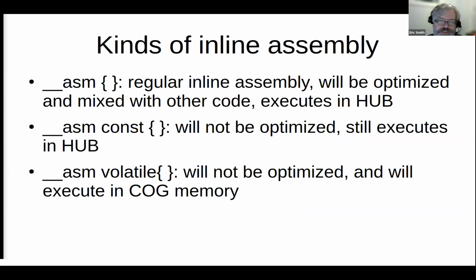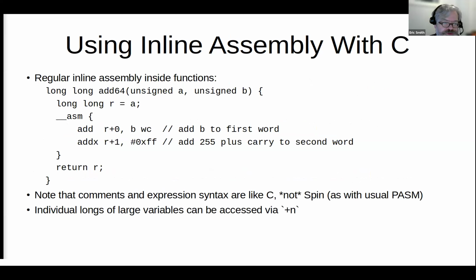And there's actually three kinds of inline assembly. There's just regular ASM, which is optimized and mixed in with the other code. It's treated just like the stuff the compiler produces. So if, for some reason, the return value of this function is never used, the optimizer may just take it all out.